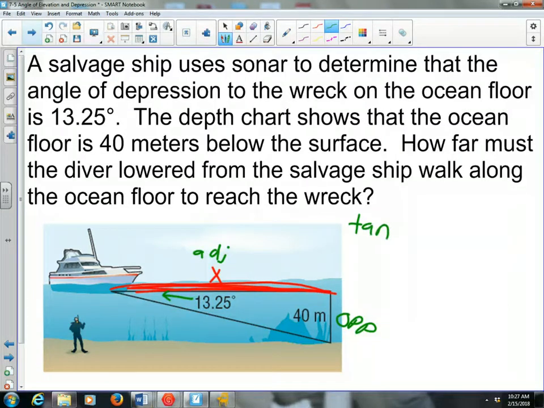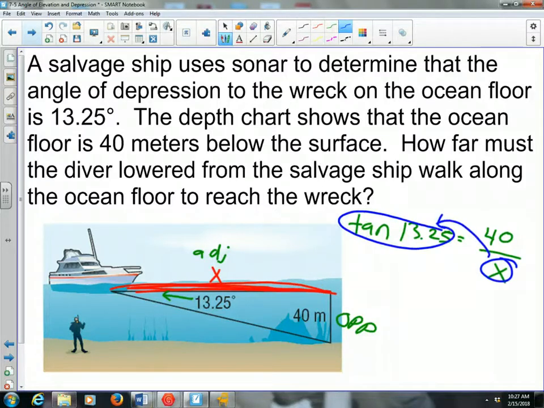So the tangent of 13.25 degrees equals the opposite side, which is 40, divided by the adjacent side, which is x. Now we're going to apply what we learned two days ago. We'll bring this up here, bring this down here. So x equals 40 divided by the tangent of 13.25.